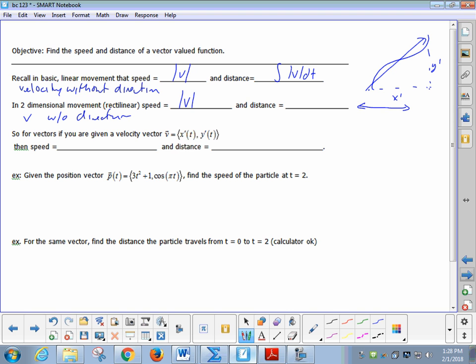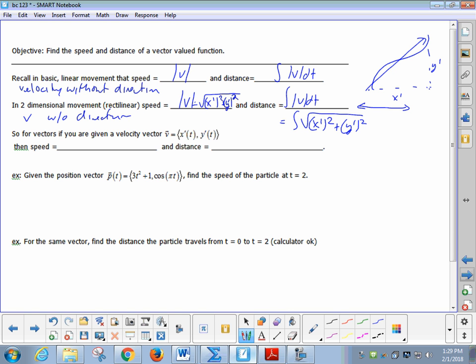And that's the hypotenuse in essence. Speed is the hypotenuse of the velocity calculations. The distance then is just like before. It's the integral of velocity, or the integral of speed. I keep saying velocity. Accumulation of any speed calculations.